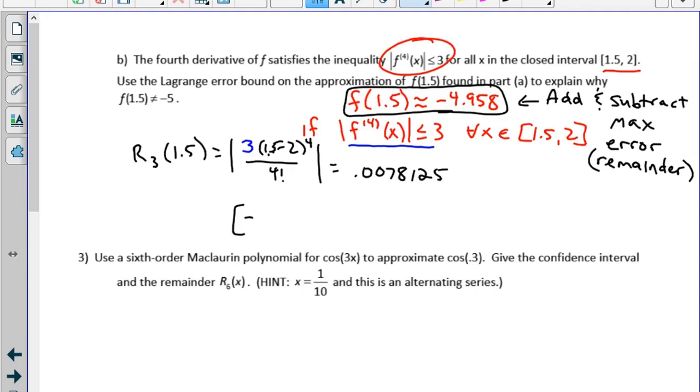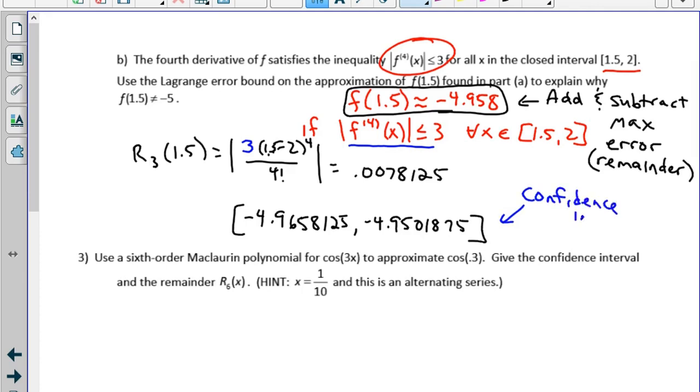So if I subtract it, I get -4.9658125. And if I add it, I get -4.950 01875. This is what we call a confidence interval for f of 1.5.